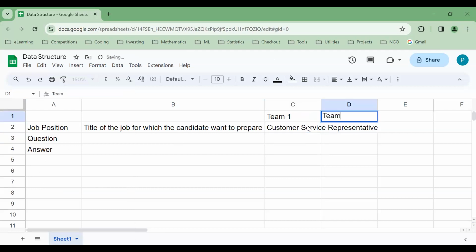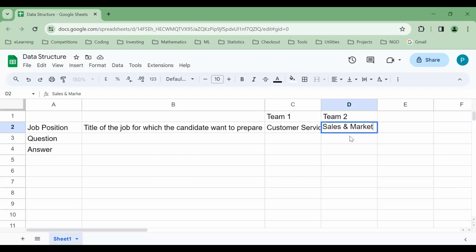Whereas if we look at team 2, I believe they have more than 25 different job positions, right, Steven? Majority of them are sales and marketing manager.